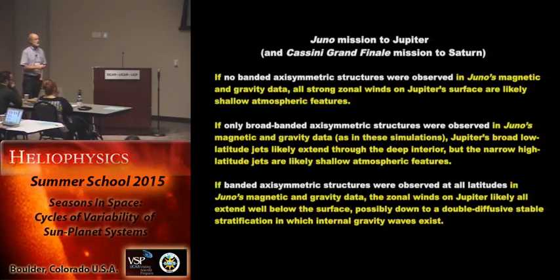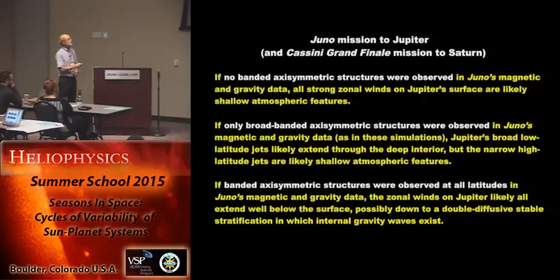Because if it doesn't penetrate very far below the surface, it won't be very strong where the electrical conductivity is strong. And that's where those winds could affect the structure of the magnetic field. The winds near the surface aren't going to affect it because it's basically an insulator. It can be blowing very strong, but the magnetic field doesn't care.